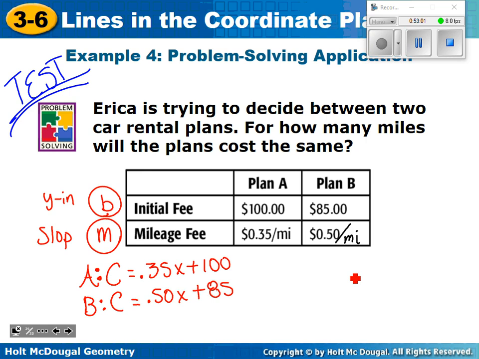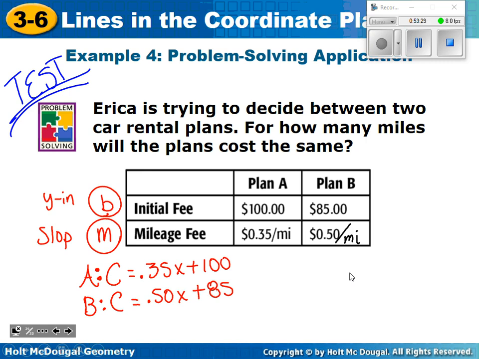So what would we need to do then if we want our costs to be the same? If this is supposed to be the same as this, what could we do with the rest of these equations? So if this is equal to c and this is equal to c, think about your geometry. You could use transitive to say what?